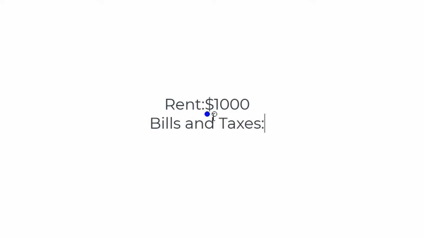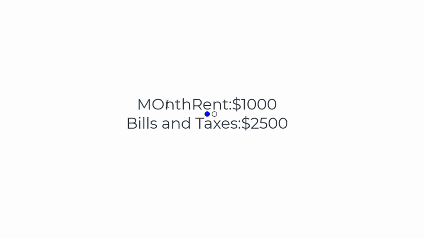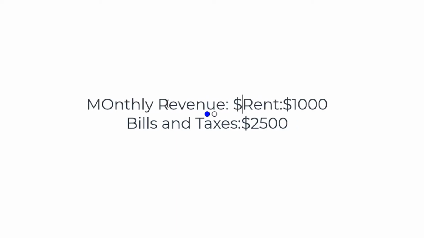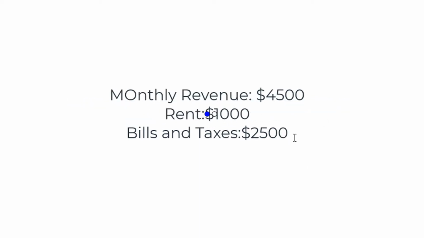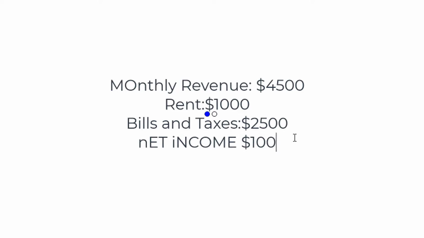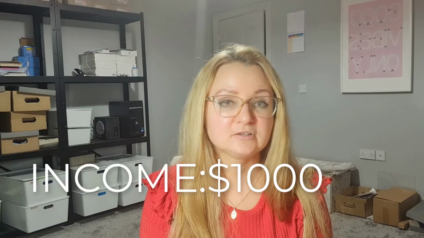So for example, he pays rent to his landlord in the amount of $1,000 a month, and he collects $4,500 a month himself, minus taxes and different fees and bills. And usually a real estate arbitrage businessman collects $1,000 a month per property.